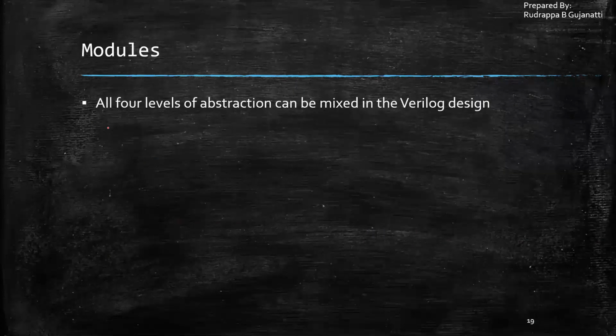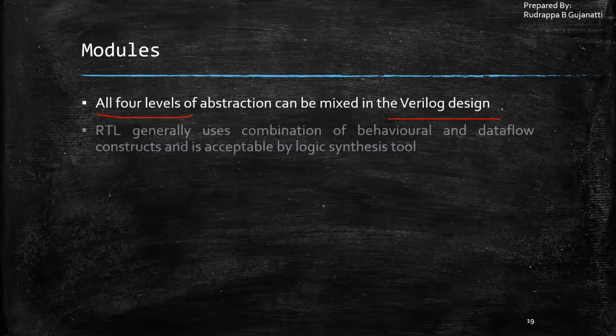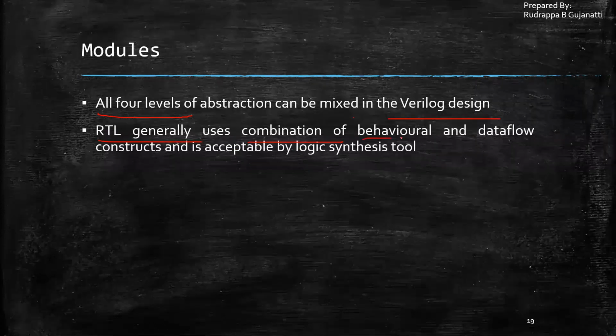Another thing to remember is that we can have a combination of all four levels in a module. We can have a combination of all four levels in a Verilog design. RTL generally uses a combination of both behavioral and data flow constructs.